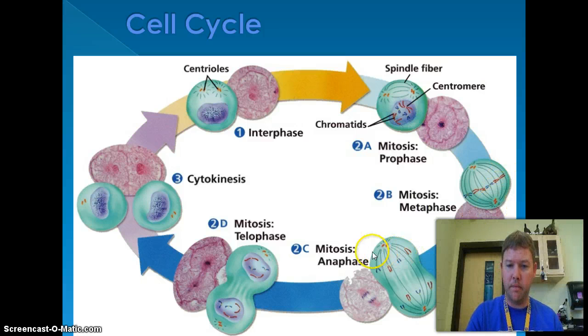And then anaphase, where we start to see everything pull apart. Spindle fibers are releasing. They're pulling towards the poles now. Telophase, we see two new cells forming. And then finally, we end with cytokinesis, where the actual cells have pulled apart and we have identical or sister cells now. So there's the cell cycle.